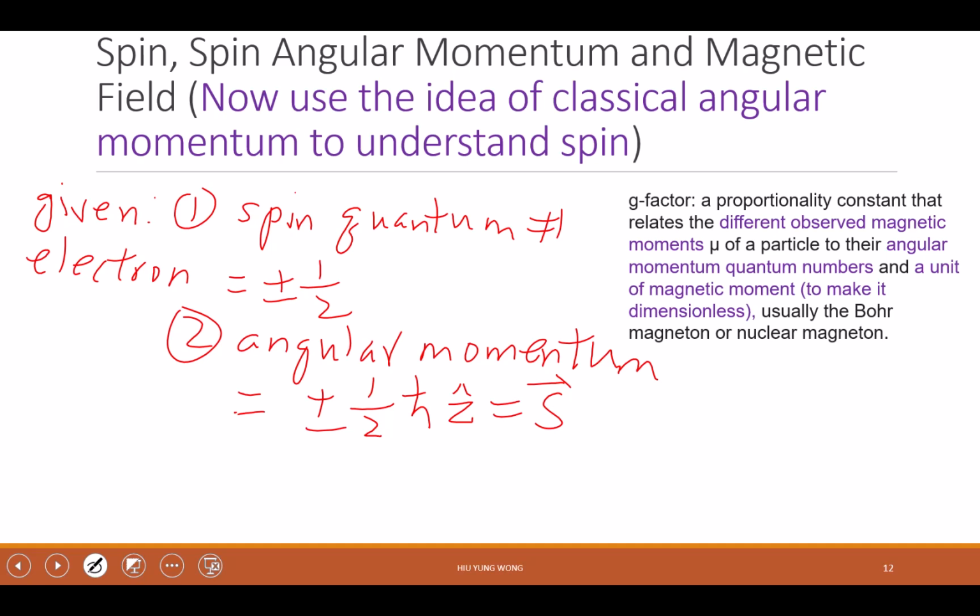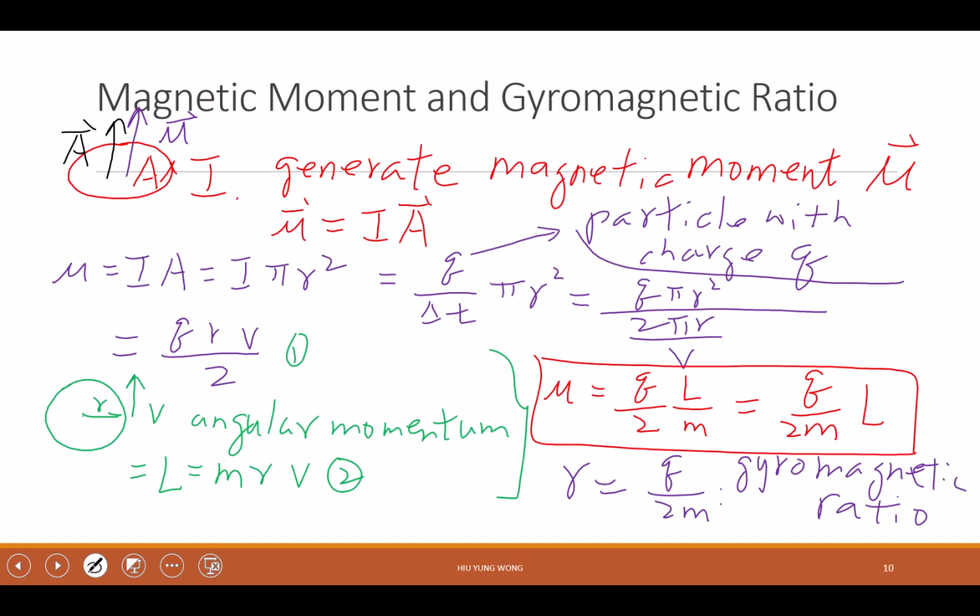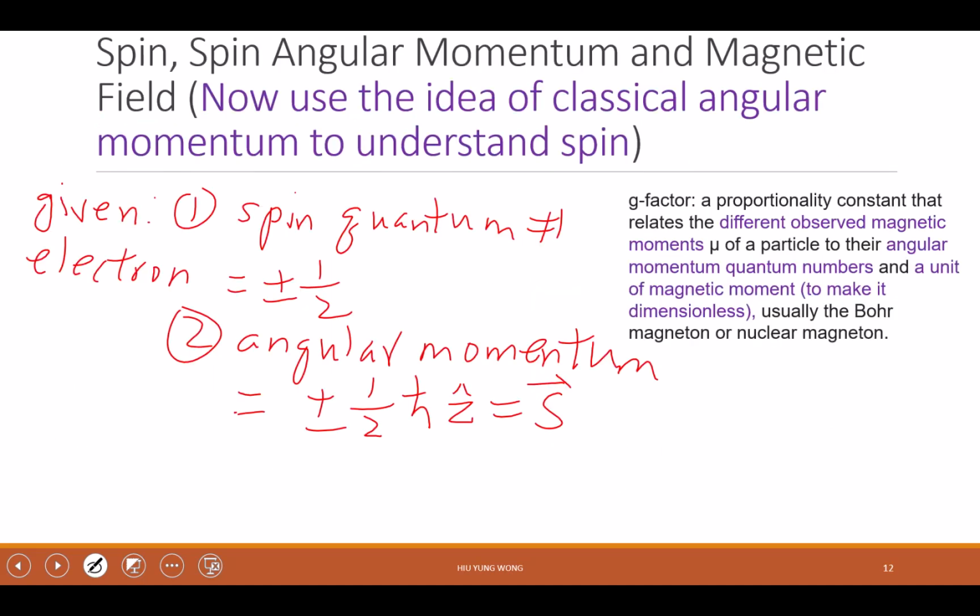So now I just say you have the spin number. It's a given characteristic. Correspondingly, it has the angular momentum. And now if you know a charged particle has angular momentum, based on the classical picture, you expect it has a magnetic moment. Even if it's not really spinning, it has a magnetic moment. Okay? So because of this, it has the spin magnetic moment.